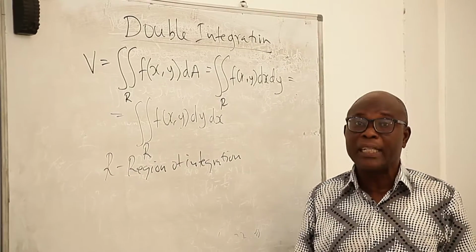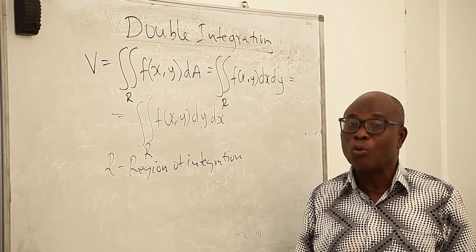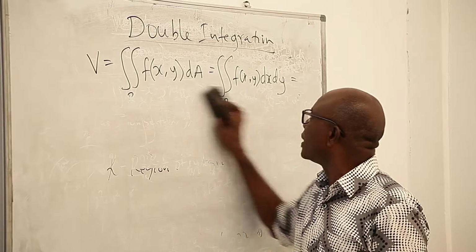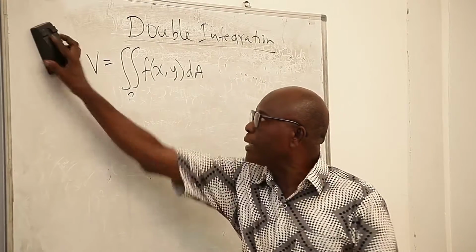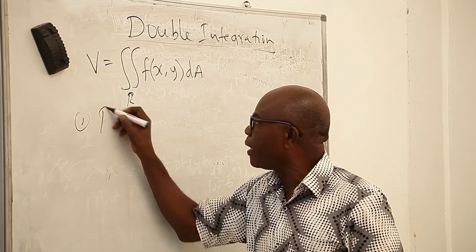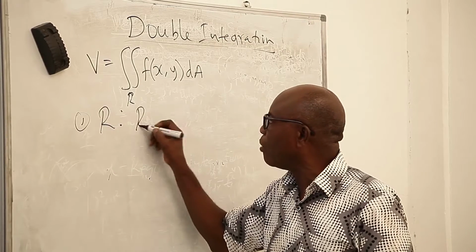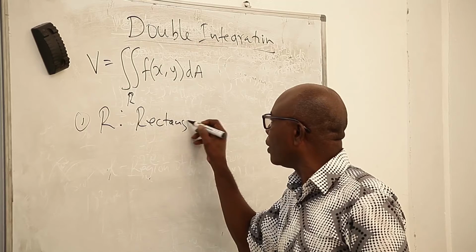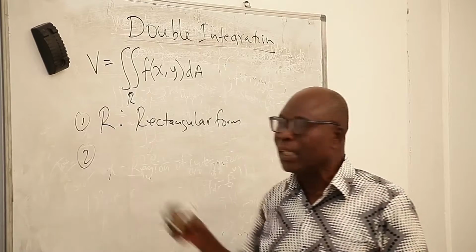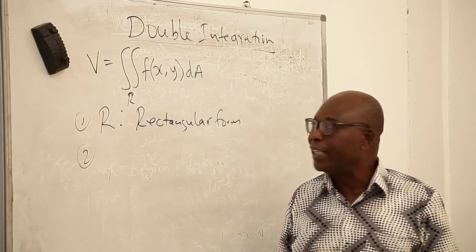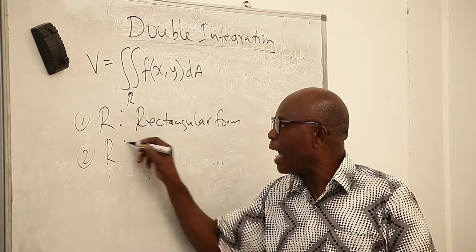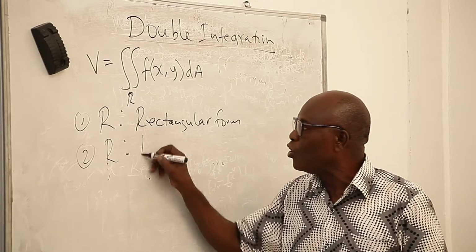There are basically two types. The first type, type 1, is where R is of rectangular form. Then we'll look at the situation where the region of integration, which obviously lies on the OXY plane, is non-rectangular.